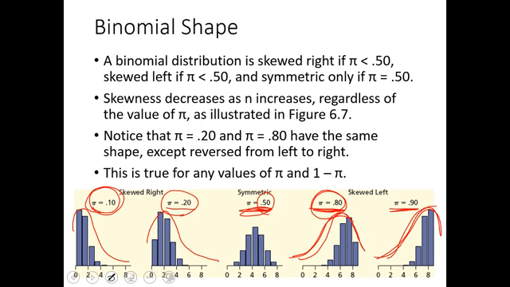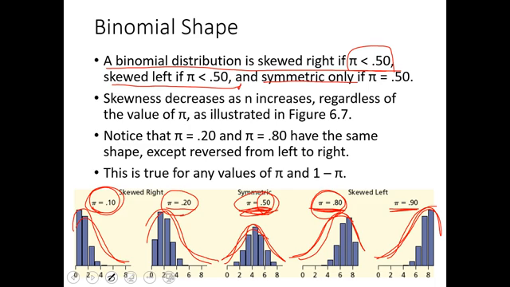If pi is 0.5, then the distribution is symmetric. So the binomial distribution is skewed right if pi is less than 0.5, skewed left if pi is greater than 0.5, and symmetric only if pi is the same as 0.5.